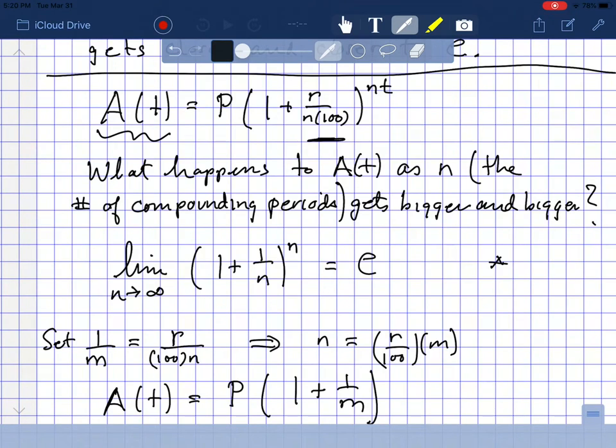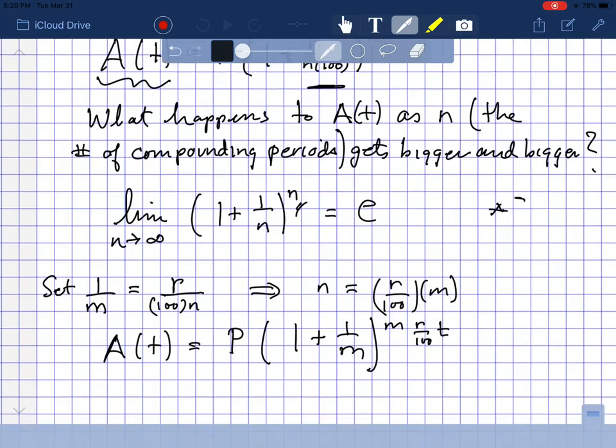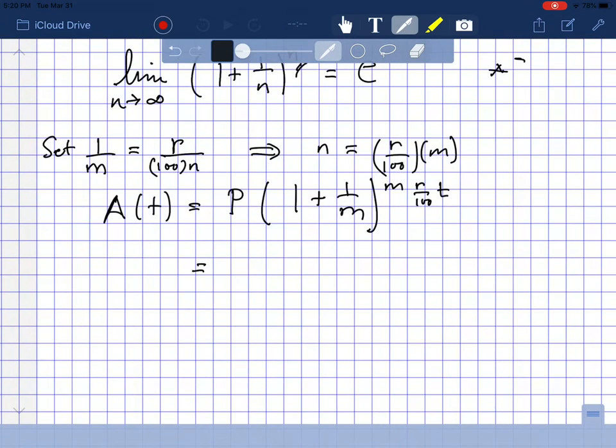So instead of putting the n up here, I'm going to write m times r divided by 100 times t. Now this is equal to p times 1 plus 1 over m to the m power, all raised to the r divided by 100 times t power.